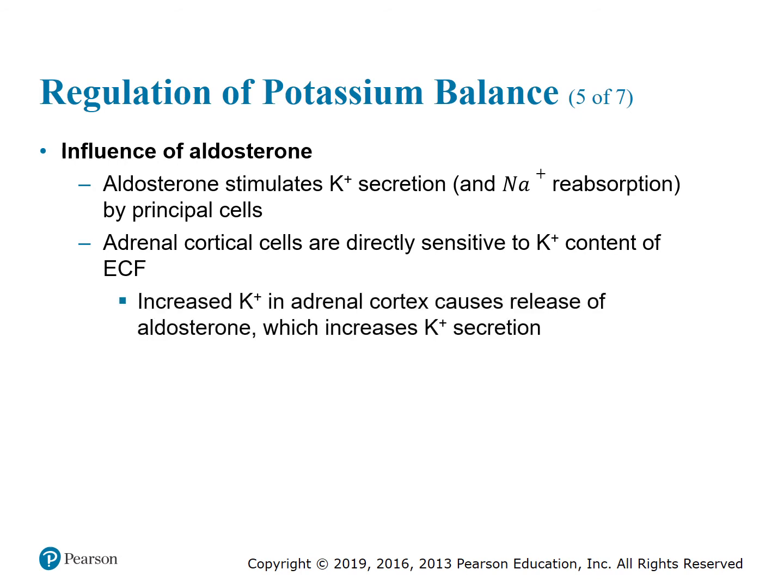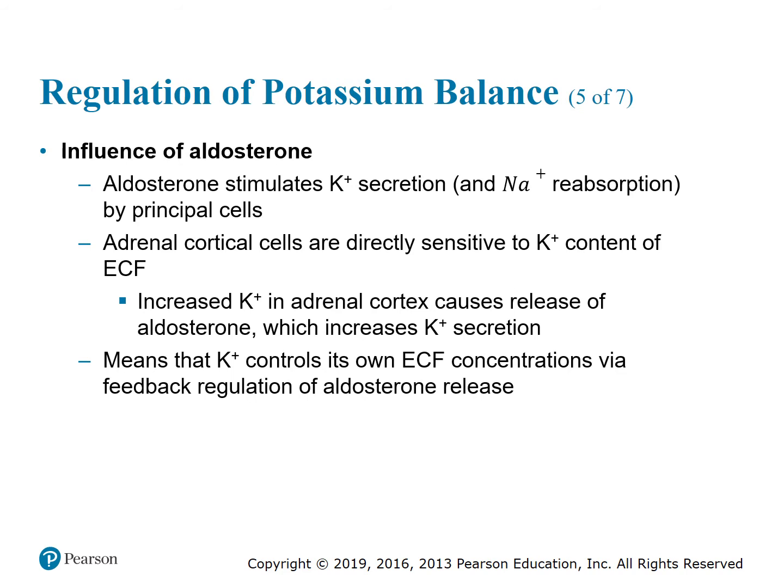And so increased potassium in the adrenal cortex will cause the release of aldosterone, and this will increase potassium secretion. So again, it means that potassium controls its own extracellular fluid concentrations because there is feedback regulation of aldosterone release. So you don't have to go through the central nervous system to take care of this.